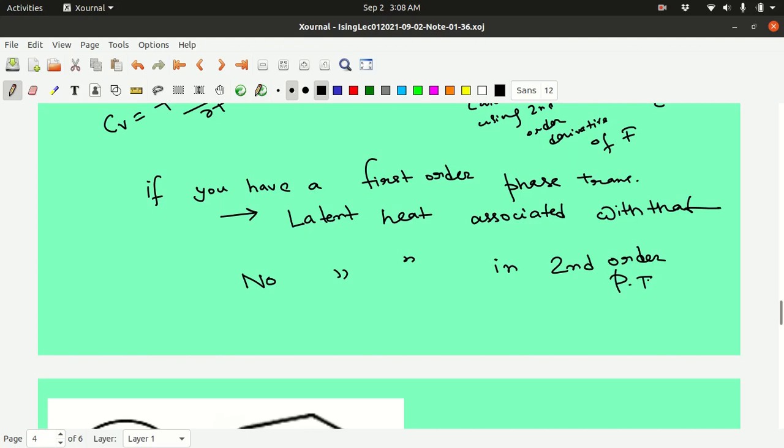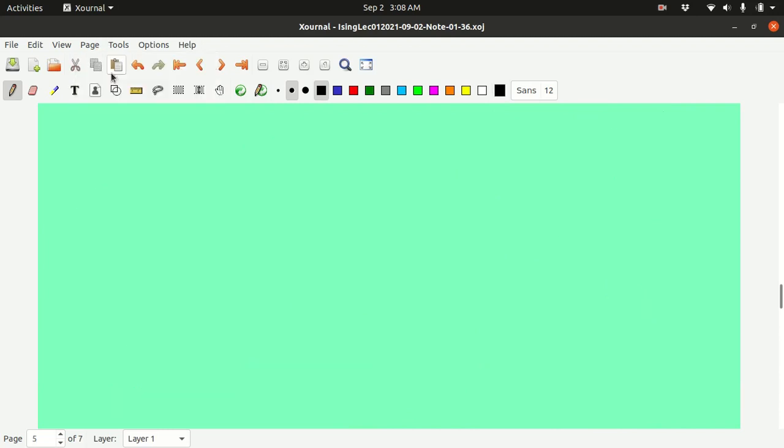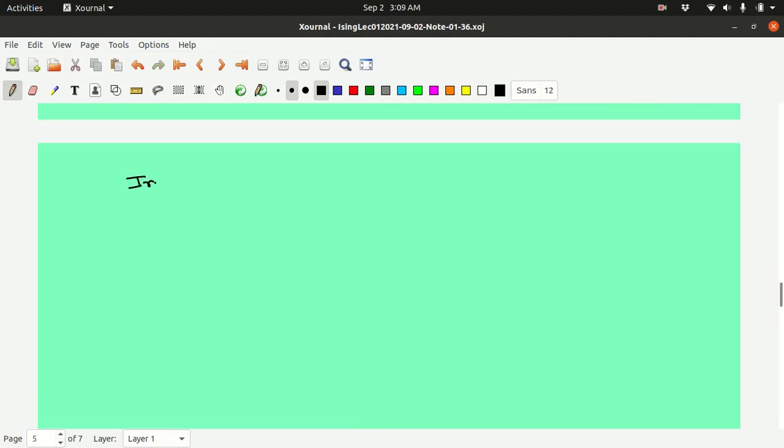If you have some water and then you make it ice, there will be a jump in the delta S, right? So let me introduce a page. In first order, PT means phase transition, delta S is discontinuous, because this is the first order derivative of the free energy.